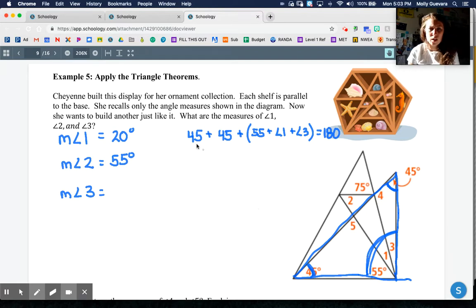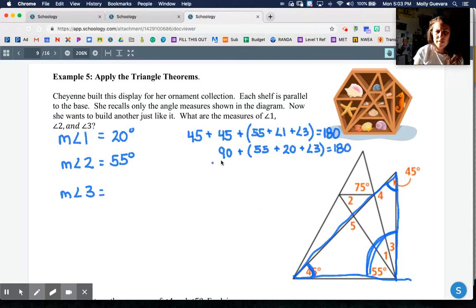And I'm just going to solve. So 45 plus 45 is 90. So I have 90 plus 55 plus, and the measure of angle 1 I already know is 20. So I can replace that with 20 plus angle 3 equals 180. If I subtract 90 from both sides, I get 55 plus 20 plus angle 3 equals, and then 180 minus 90 is 90.